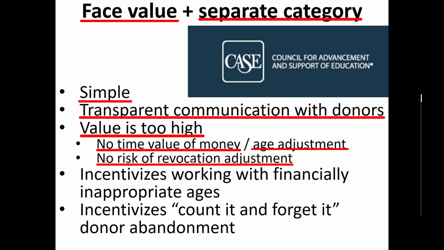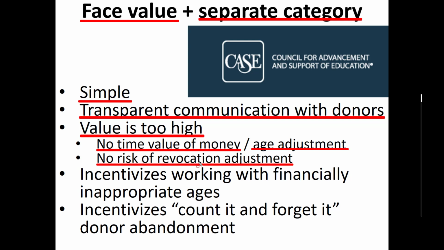Now, of course, individual organizations may be able to get a better handle on what their actual revocation is. If you have a long-term legacy society, you can do an audit on that legacy society using, for example, the Social Security Death Database, see how many people have died, and see what percentage of those people actually generated dollars for the organization in their estate gifts, and you could get a better sense of what your actual revocation is.